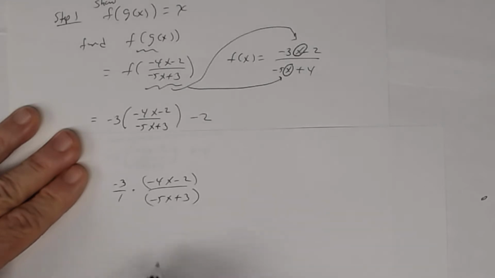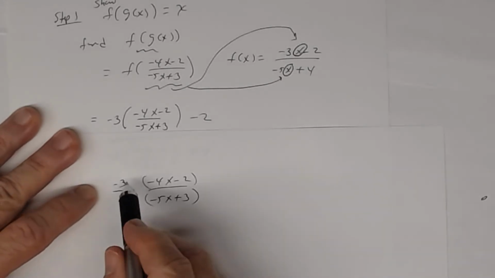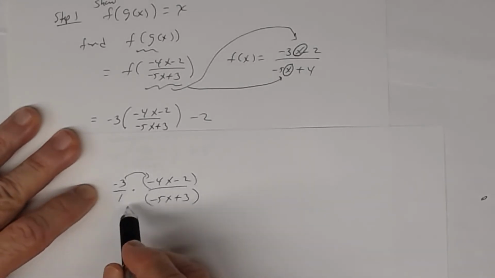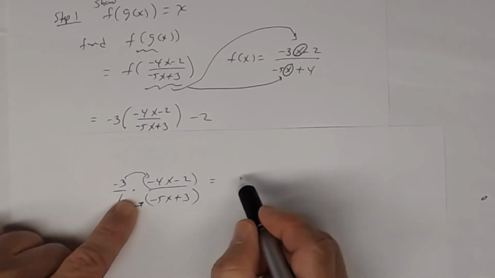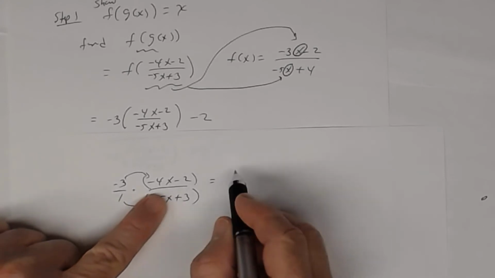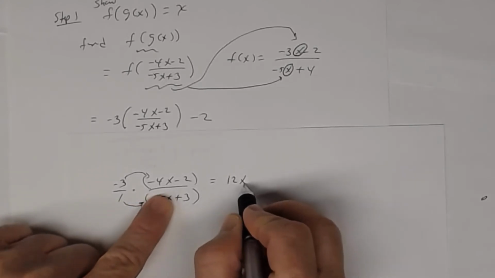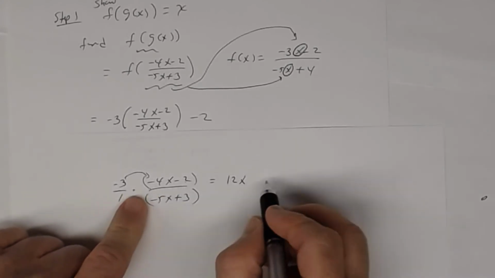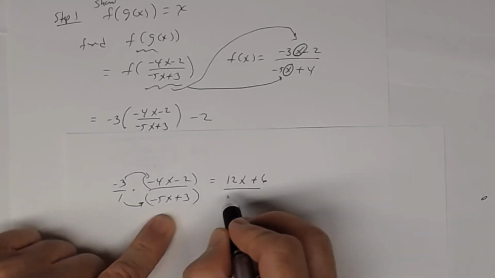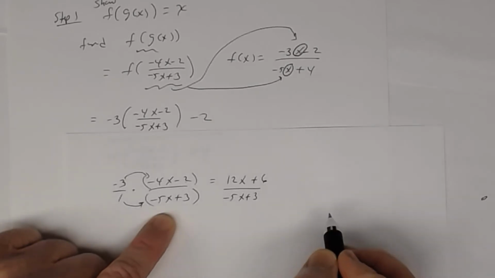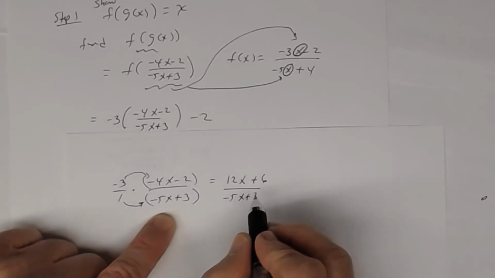Okay, just like that. And now you're going to distribute. So remember, you multiply the numerators together, multiply the denominators together. So I want you to notice that negative 3 times negative 4x is 12x, and then negative 3 times a negative 2 is a positive 6, divided by 1 times negative 5x plus 3, which is negative 5x plus 3. Okay, so that's important that you see that.